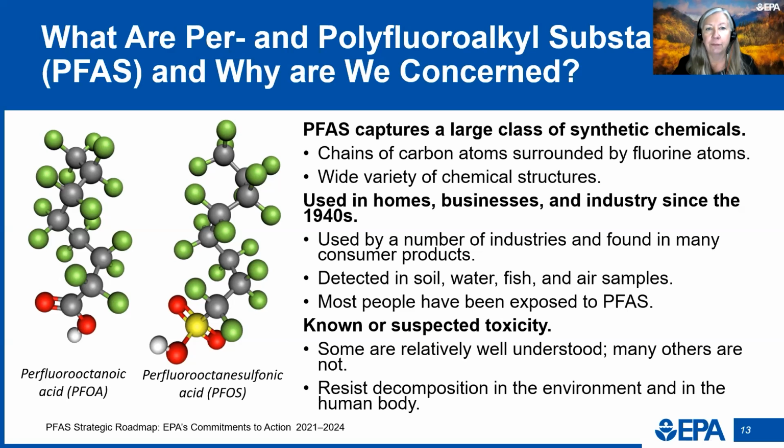There are thousands of different PFAS with a variety of chemical structures. Some of these chemicals have been more widely used and studied than others. As an example, this slide shows the chemical structures of two of the most widely used and studied chemicals in the PFAS group, known as PFOA and PFOS.